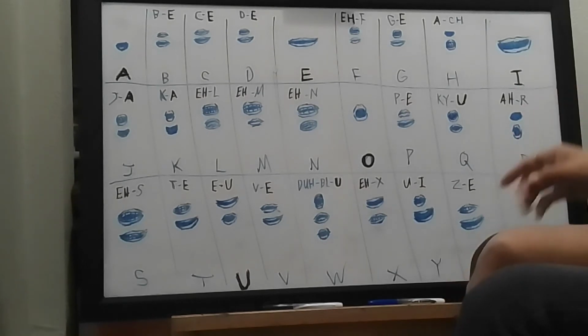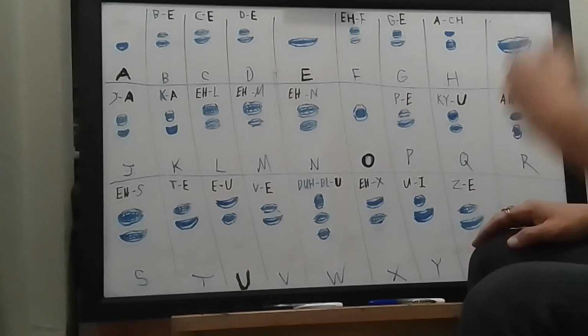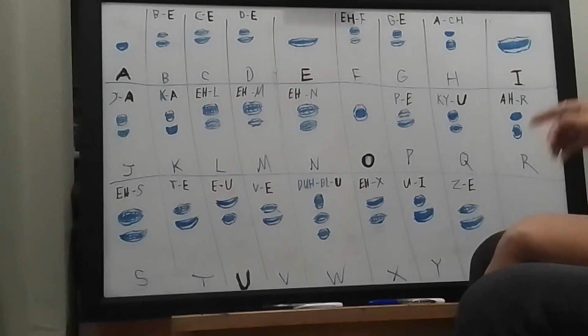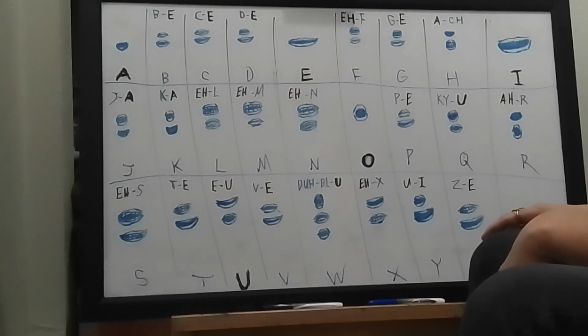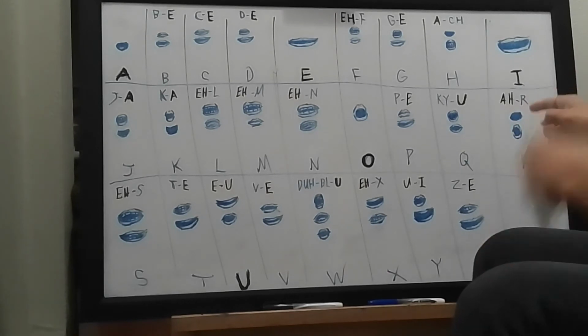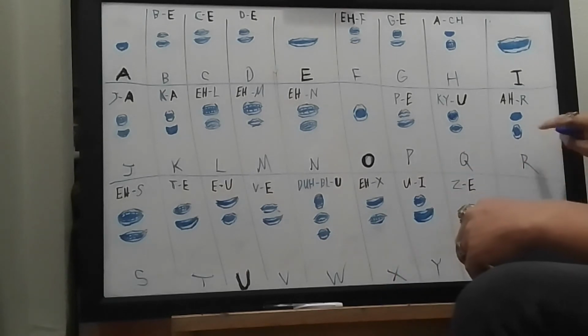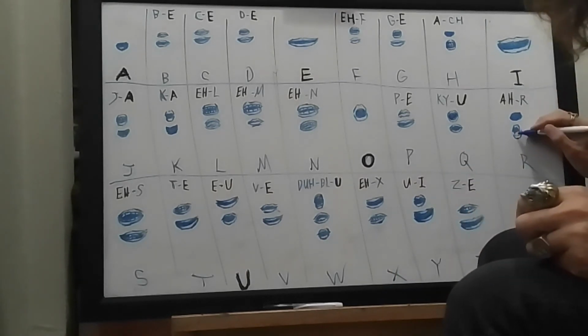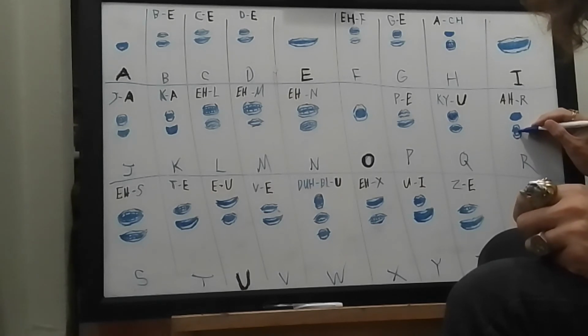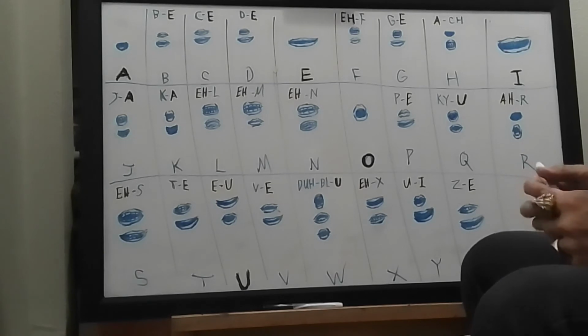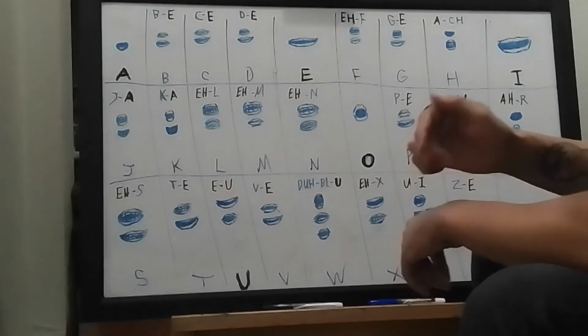Then R. You do a little bit of a thing with the tongue as well. Here, actually, I'll draw that a little bit clearer. R, like pirate.